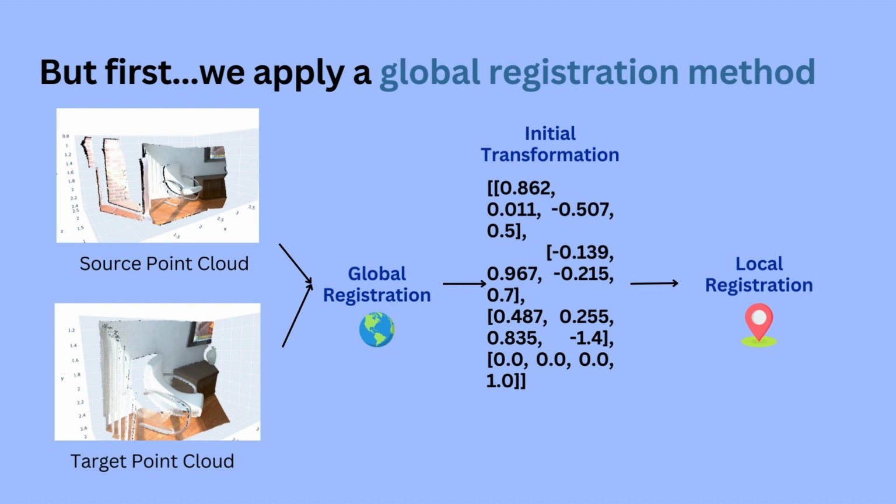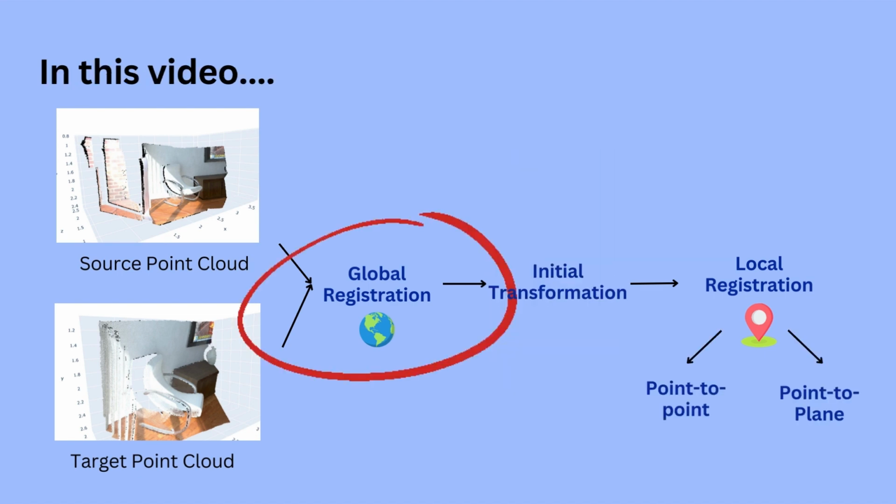In this video, we will be looking at global registration: what is it, and how can we find the initial transformation required to further align, in a more approximate manner, these 2 point clouds using local registration methods such as the iterative closest point. So without further ado, let us jump to the code and start coding.